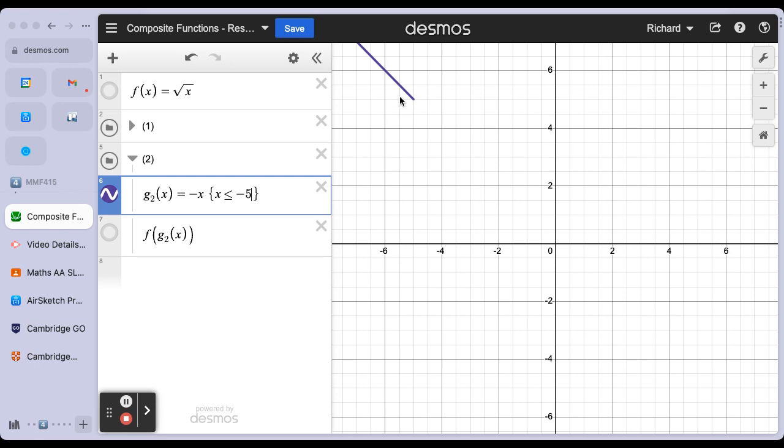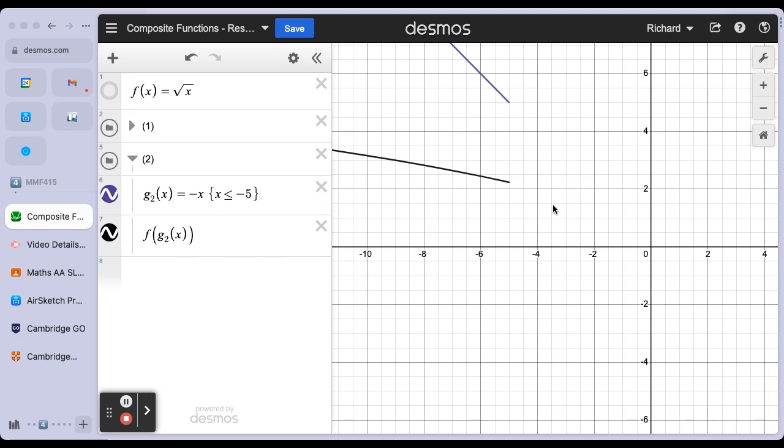Yeah, because the output's still negative. So that still works, but the composite function is now starting here and not back here. It's a bit of a weird one because it starts in the middle of nowhere, it feels like, but it is still a well-defined function.